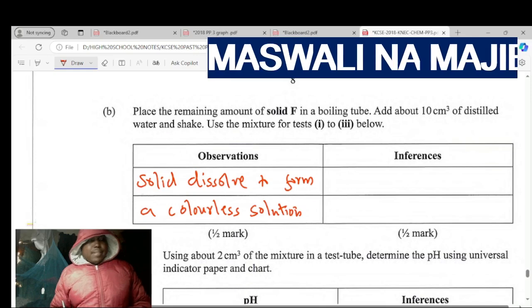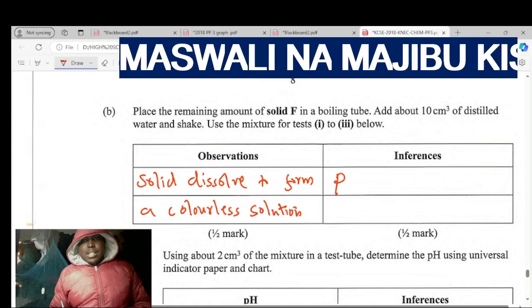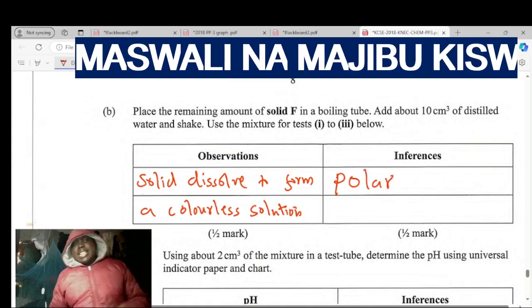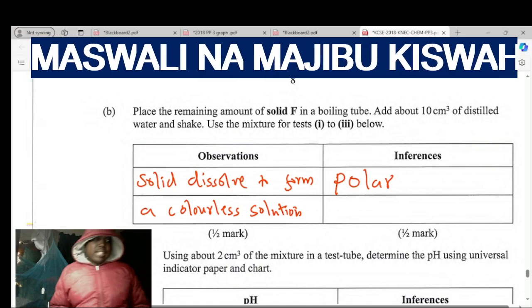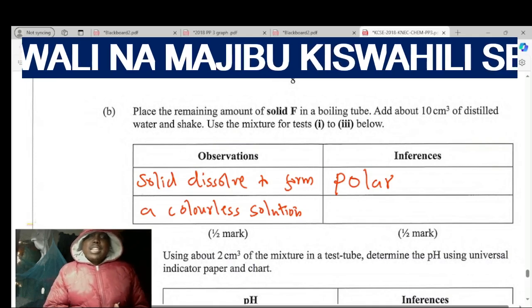If that is the case, then it means that the compound solid F is polar. Polar means soluble in water. So if it will not dissolve, then it is non-polar.